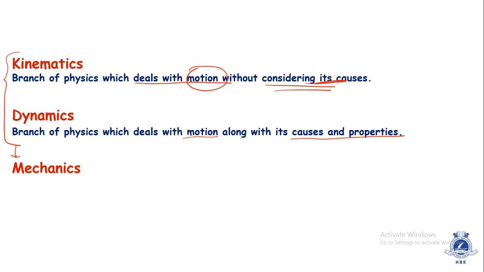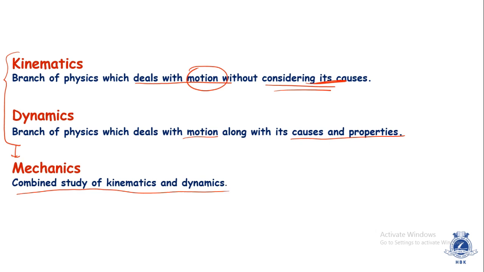In some cases we can say that the combined study of kinematics and dynamics is called mechanics, and dynamics is similar to mechanics. So just remember the definition which is given in our textbook: the combined study of kinematics and dynamics is called mechanics. So let's proceed further.